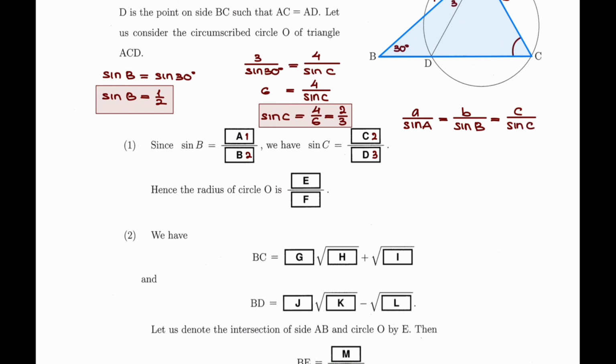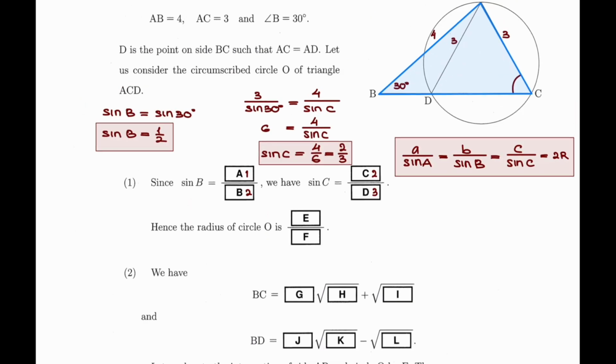And then this is equal to 2 times the radius of the circumscribed circle. So, if you want to find the radius of the circumscribed circle, you can use sine rule.